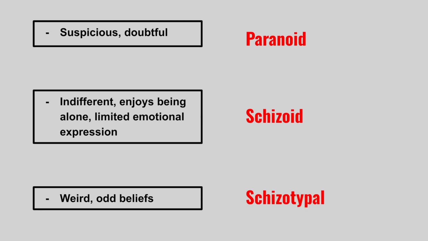This is schizotypal. Next, we have a patient who's immoral, violates the rights of others, and is 18 years and older. This is antisocial personality disorder.